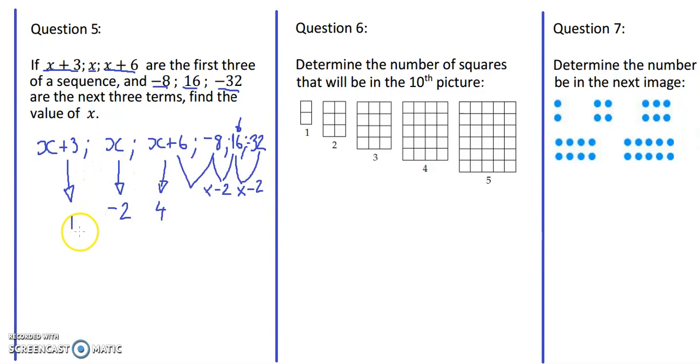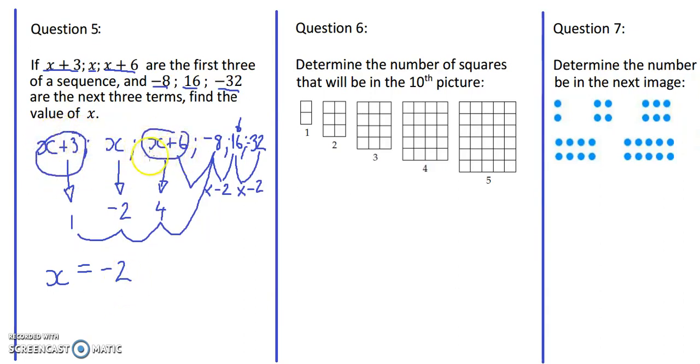Let's make sure that works. 1 times negative 2 is negative 2, times negative 2 is 4, times negative 2 is negative 8, so that's working. That means x is equal to negative 2. We don't need to find the values of the others, because we were just asked to find the value of x, and that's what we've done.